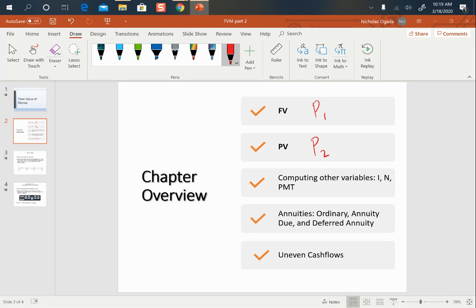And remember what I said is there's so many ways we can solve the future value and the present value problems. We can use Excel, we can use financial tables, we can use a financial calculator, and we can also use the formula. And I'm going to try to address some of these methods on present value.